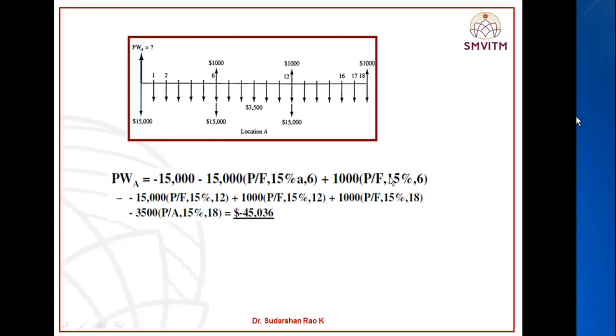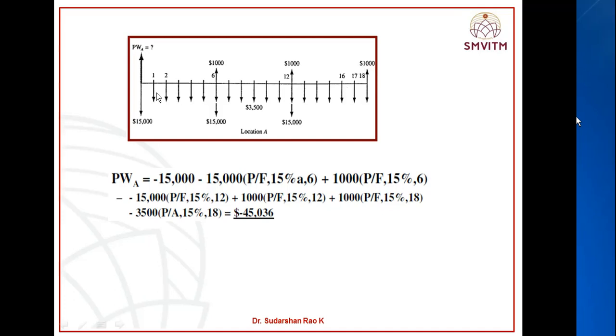That is the first cycle. Then the second cycle is minus 15,000 P by F 15% 12 years, plus 1,000 P by F 15% 12. Next, the last 1,000 P by F 15% 18.